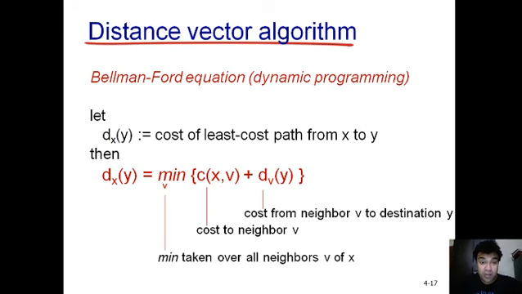It's the minimum of the things in the curly braces. cxv is the distance from X to its neighbors.